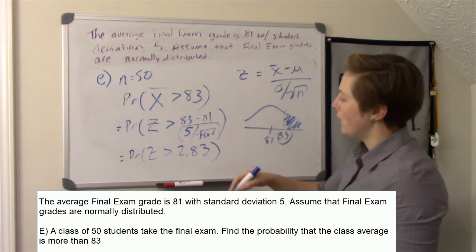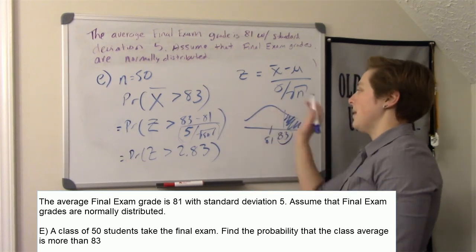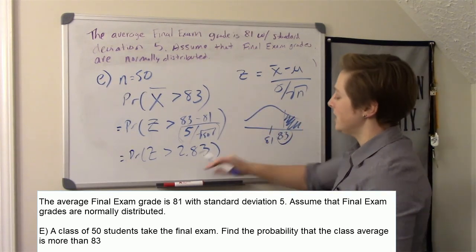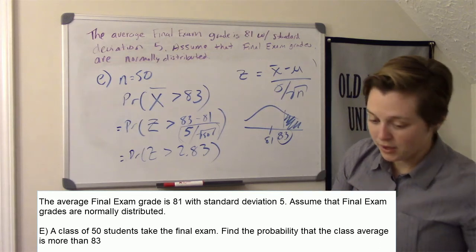All right. Of course, the table tells me the area behind. So if I want the area in front, I'm going to have to do 1 minus whatever value I get in the table.